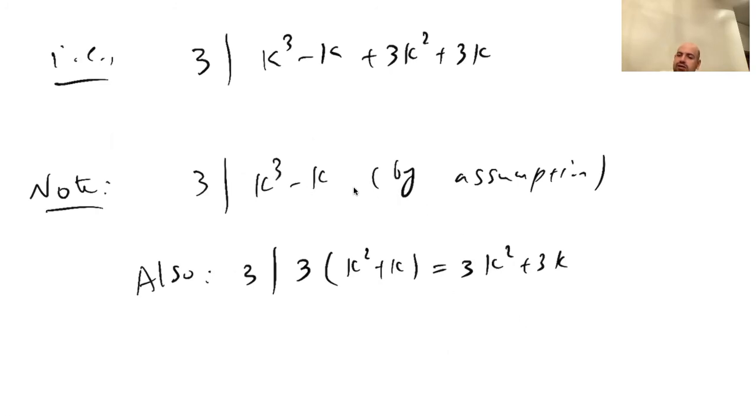So if 3 divides this number and 3 divides this number, then I can say 3 divides the addition of those two numbers. This is a property that we saw in chapter 4, that if, let's say, m divides a and m divides b, then m, of course, divides the addition of a and b as well.